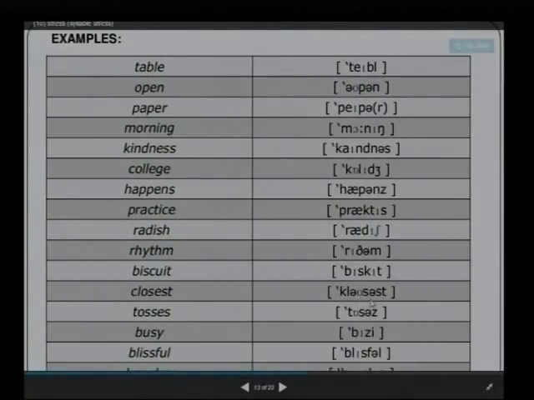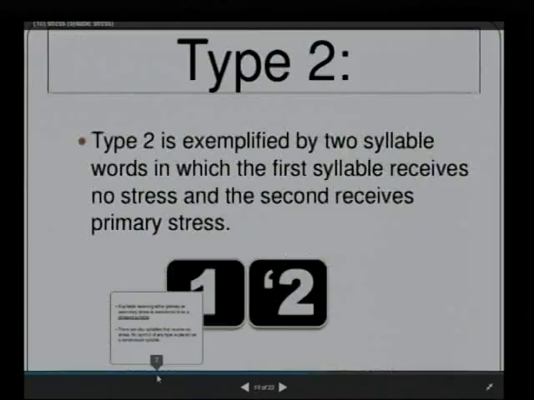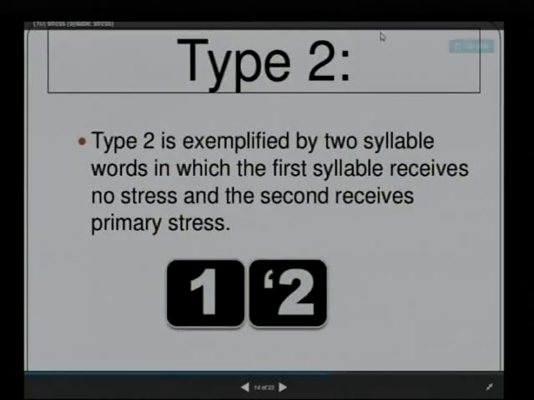Closest takes an s sound, not a z sound. Tosses, busy, blissful. And that's on.